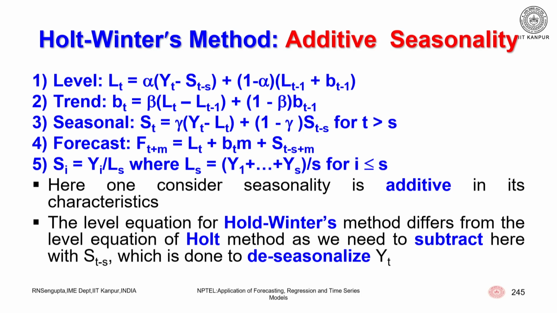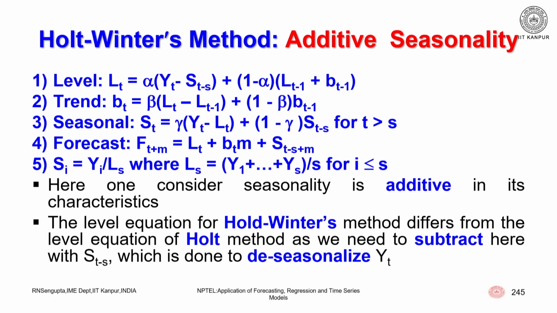So, again I am repeating, L is the level, trend is B. I am not talking about the suffix; it will become very clear as we do the problem. Seasonality, a concept in numbers, is capital S, forecast is capital F, and we know alpha, beta, gamma are the parameters for the level, trend, seasonality.